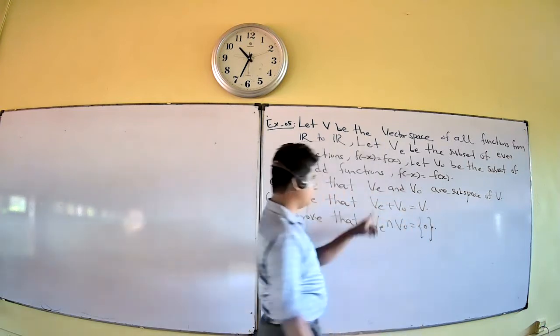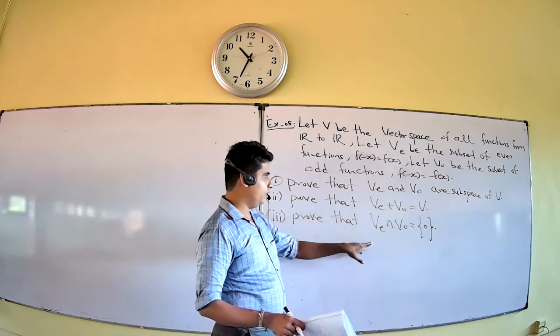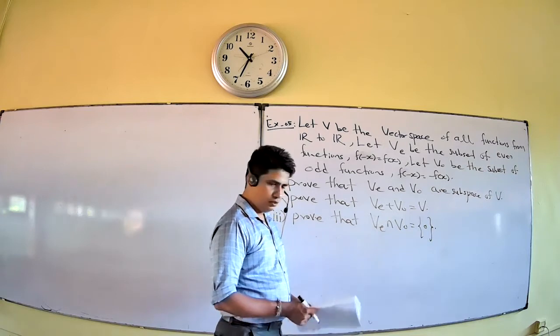If two conditions are satisfied, then we can say V_E direct sum V_O equals V.